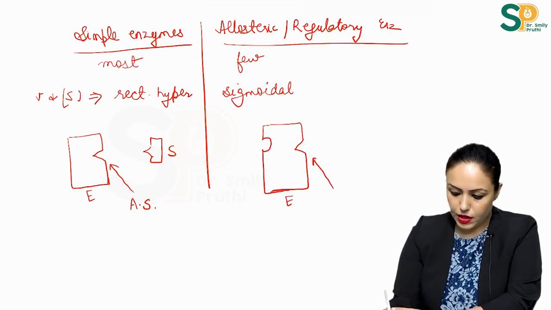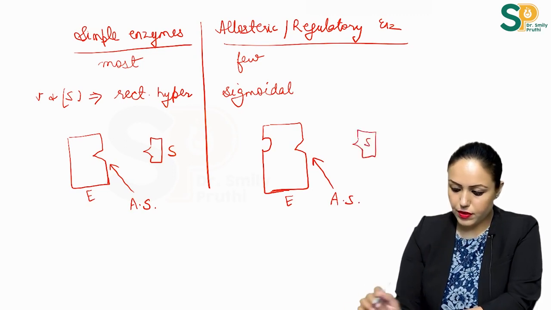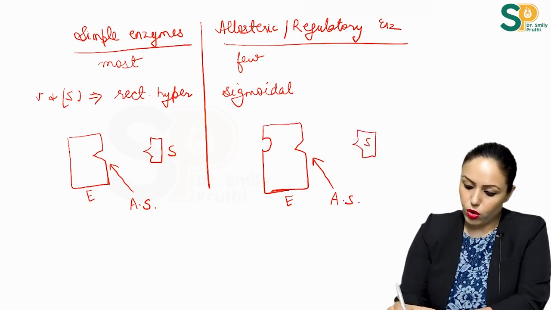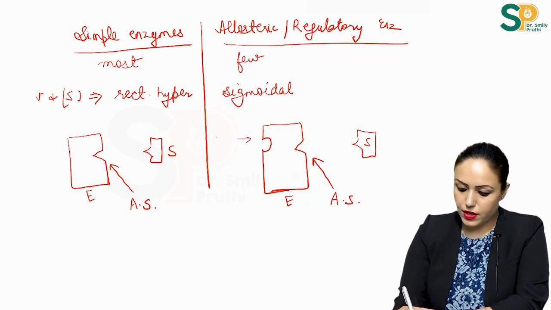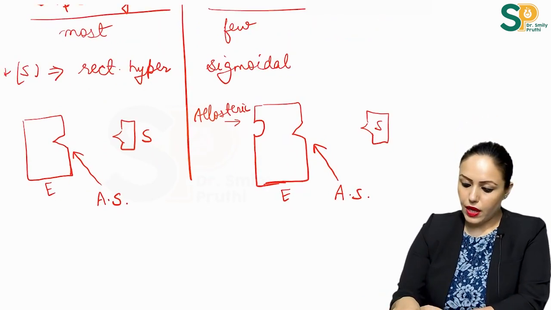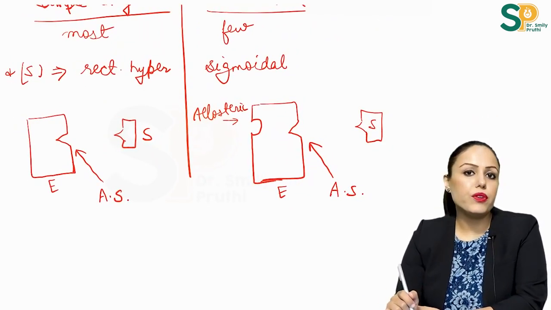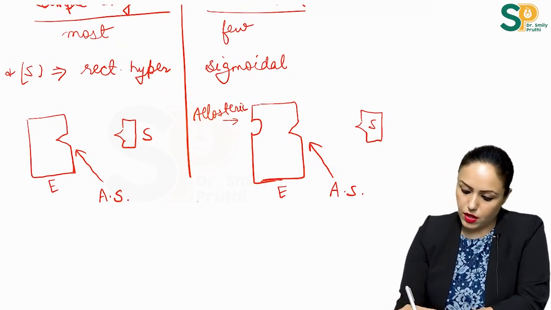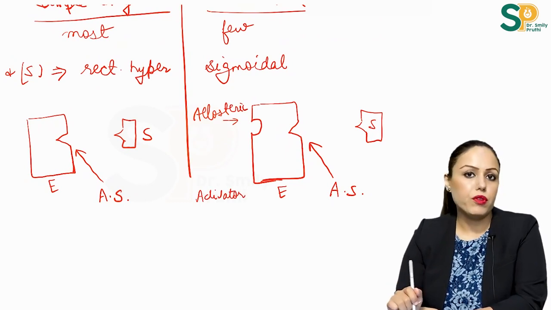This is the enzyme. They have an active site where the substrate will bind, okay? But they also have one extra site, that is the allosteric site or regulatory site, where an activator or inhibitor will bind. So here either an activator will bind or an inhibitor will bind.